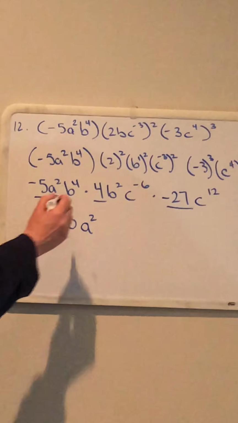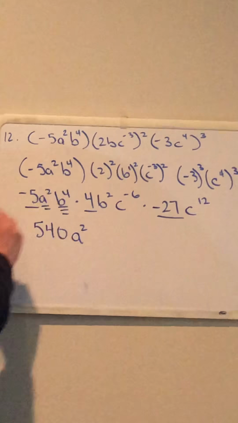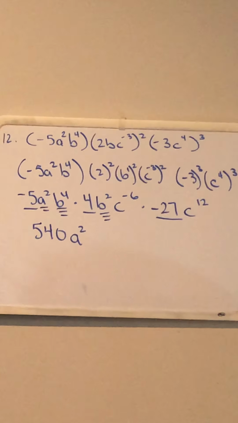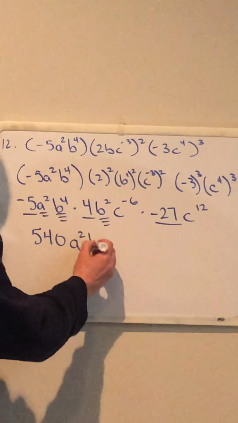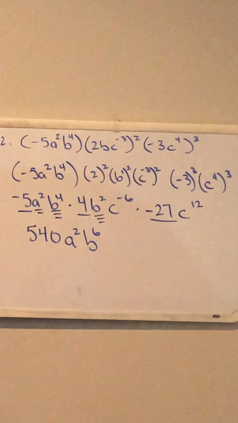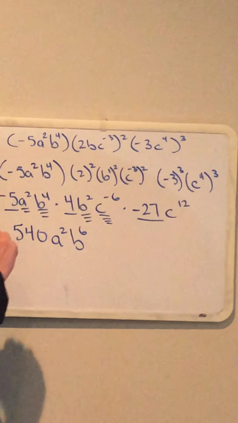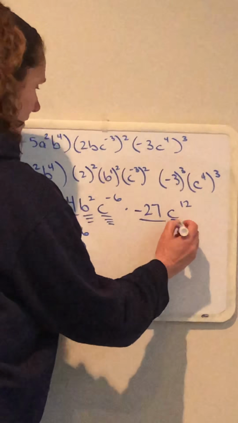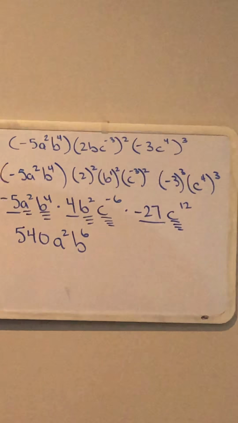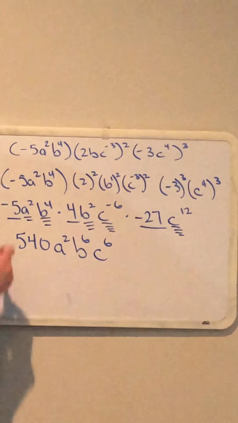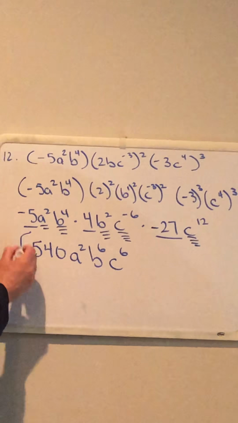For the b's, I have b to the fourth and b to the second. If I add those exponents, I get b to the sixth. And for the c's, I have c to the negative sixth and c to the 12th, which if I add the exponents, I get c to the sixth. And that is the final answer for 12.